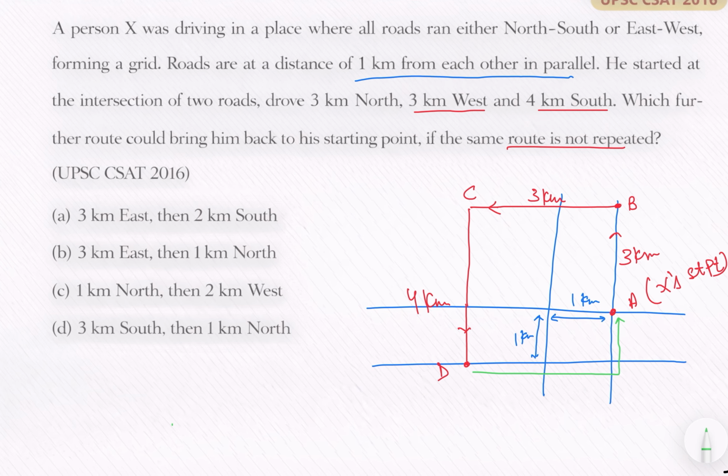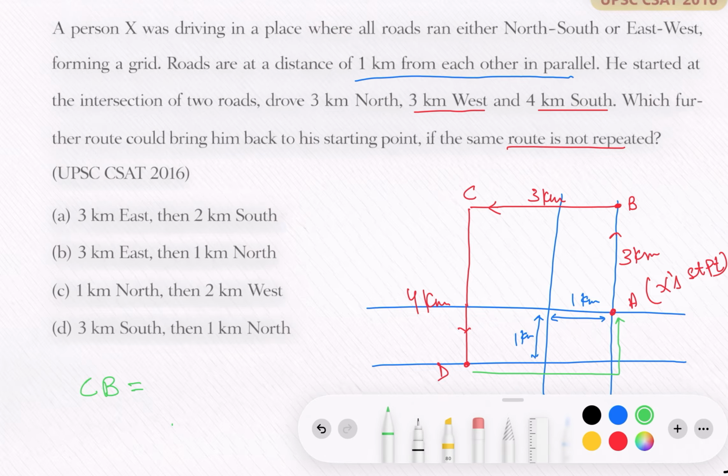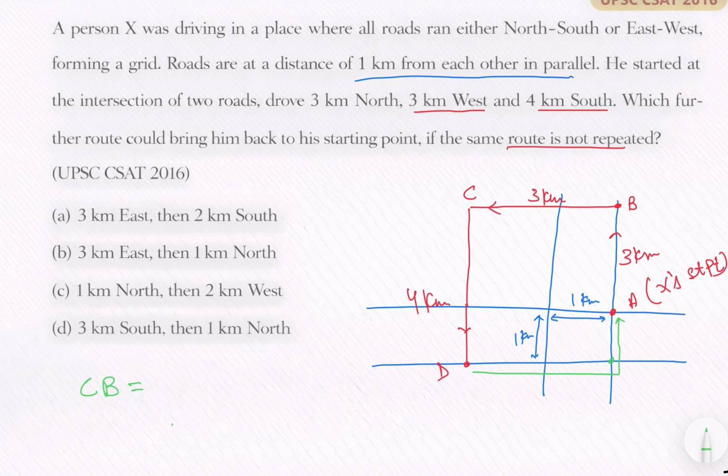So CB is equal to DQ, and CB is 3 kilometers. So DQ is equal to 3 kilometers.